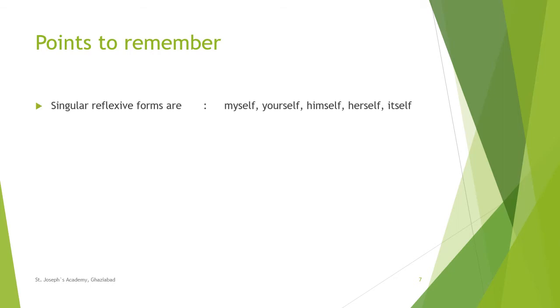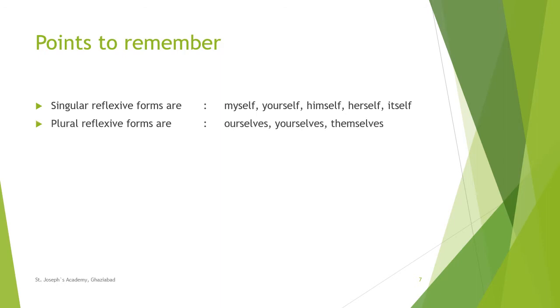Now a few points to remember. The singular reflexive forms are myself, yourself, himself, herself, itself. These are the reflexive pronouns used in the singular form. I repeat, myself, yourself, himself, herself, itself.